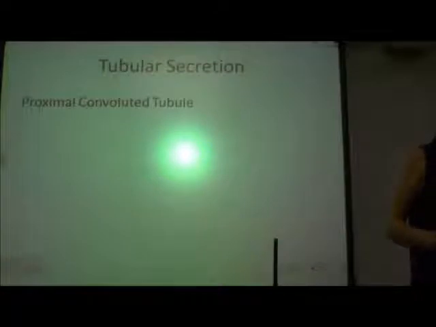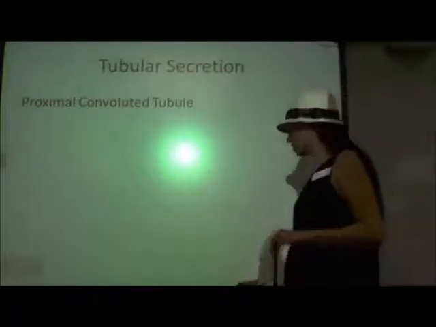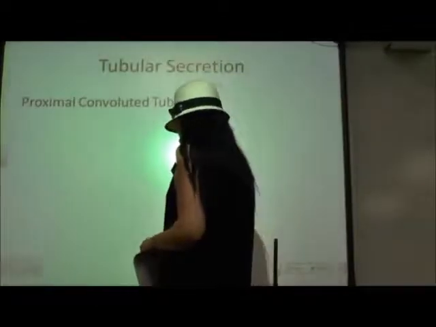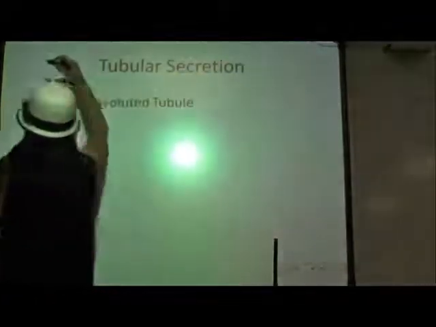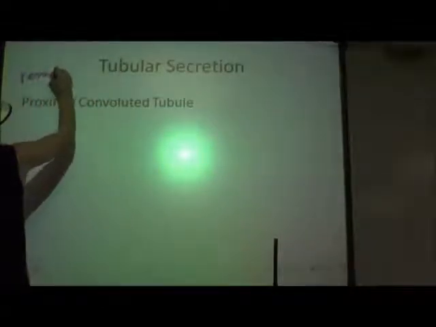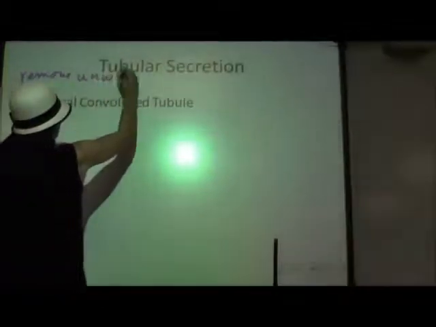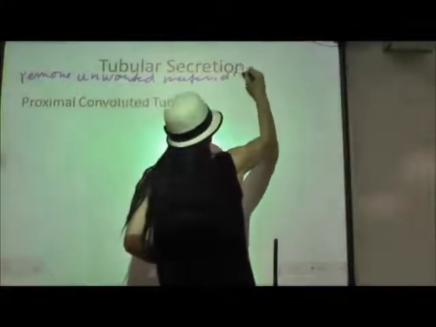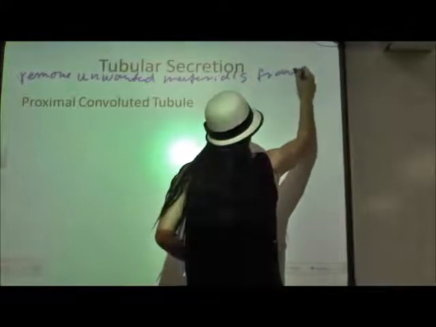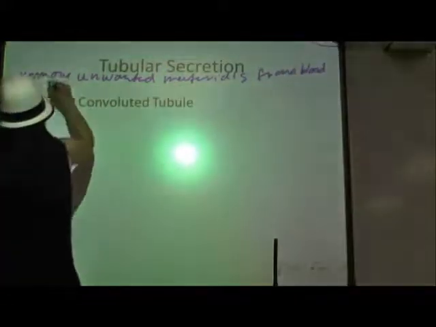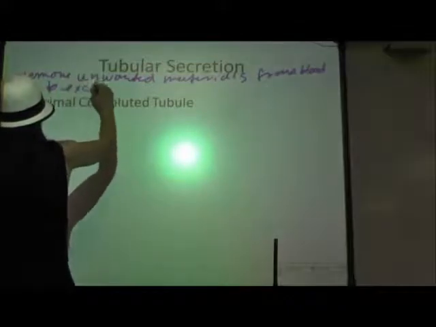Alright, as far as tubular secretion goes, remember tubular secretion is how we're going to remove unwanted materials from the blood and concentrate them in what's becoming urine, to excrete them in the urine.